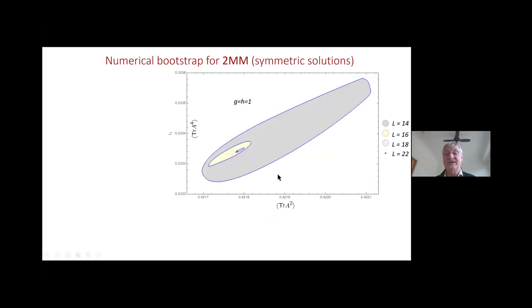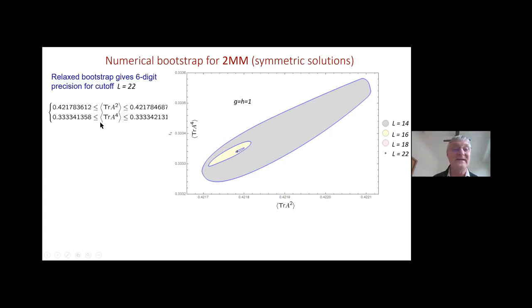Now a few results. For example, here we have the results for generic values of two couplings of the model for various cutoff lengths. We go up to L22. It's a typical island structure, and the island quickly becomes so small that we only can put a cross somewhere here on the picture.